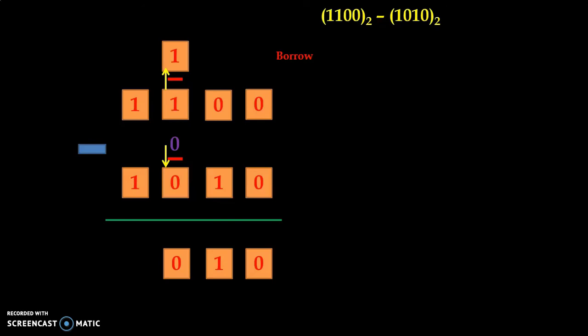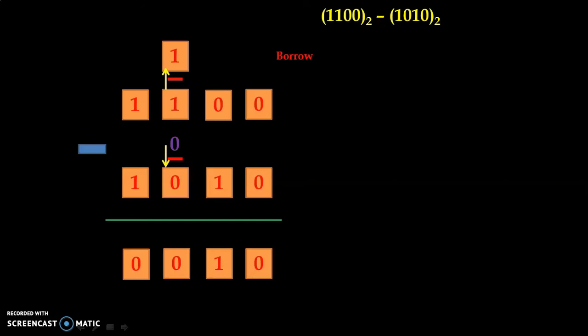So this should be very much clear, because from this value 1 we have taken a borrow. So first we have to take 1 minus 1, and we are getting 0. From that answer we again have to subtract the next bit, that is 0 minus 0. So 1 minus 1, so again we are getting 0. So we are getting the answer 0 0 1 0.